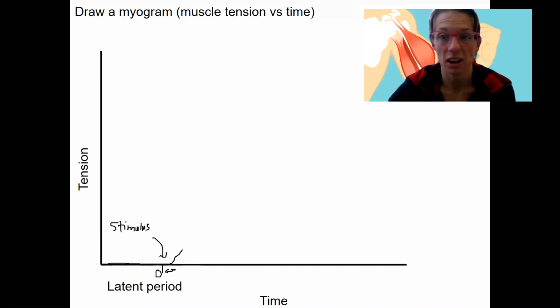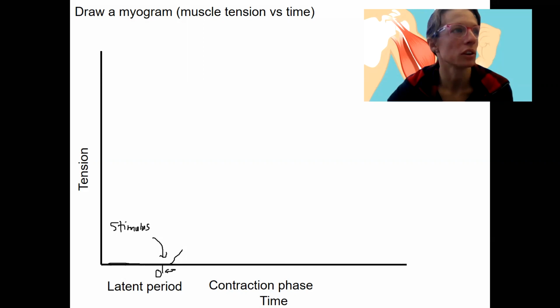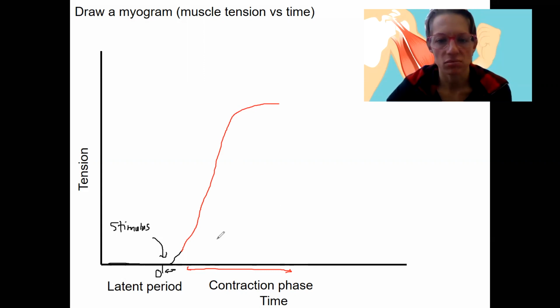After that, what's going to happen? We're going to have a contraction phase or contraction period. I'm going to make it a different color for this one. Muscle tension is going to go way up. This is our contraction phase, and this is close to 15-ish seconds.